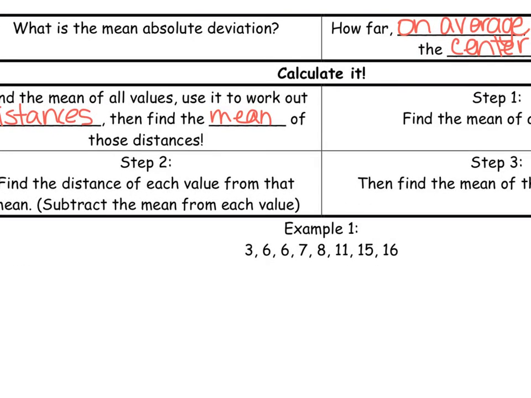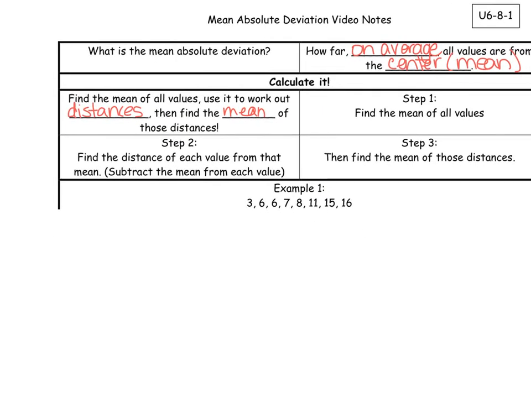So in using this data set down here, we're going to find the mean of these values, then find the distance of each value from the mean, take the absolute value of that, and then find the average of those distances. So let's get started. We'll take a look at this data set right here.